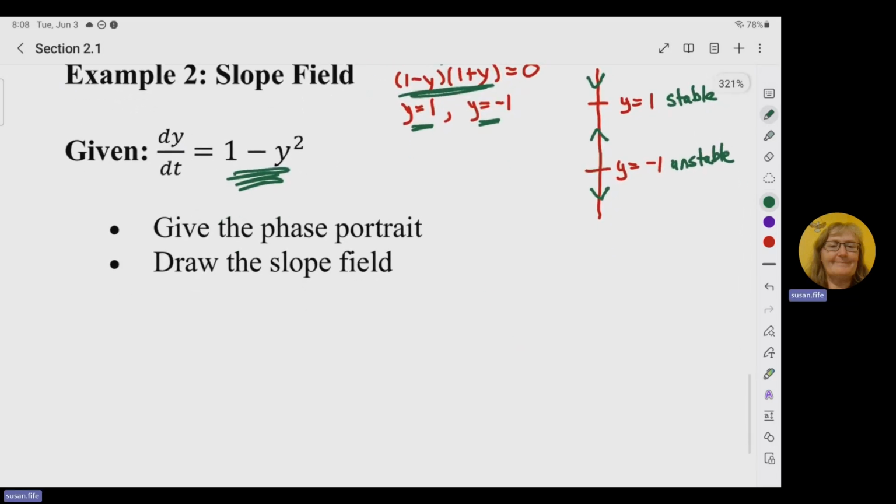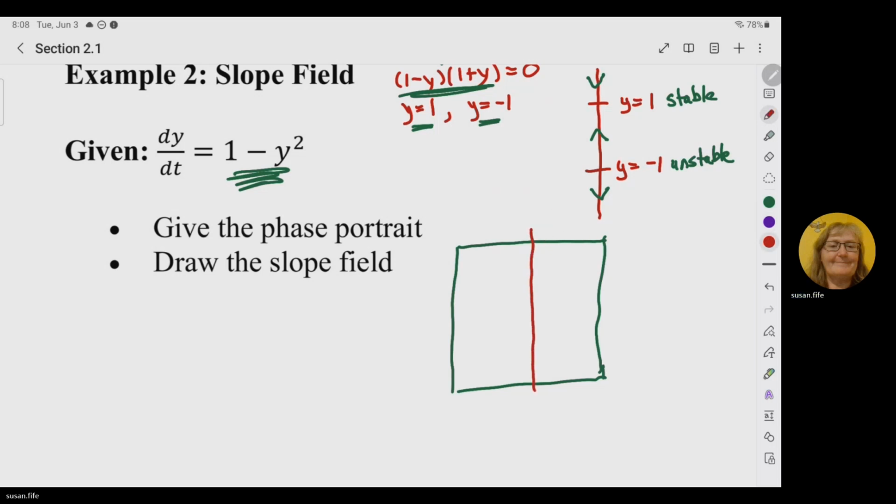So the slope field is a 2-dimensional graph. I'm going to draw a box, with my axes, my y-axis right in the middle. And I'll put my t-axis also right in the middle. I want to label my critical values. y equals -1, I'll put that right here.